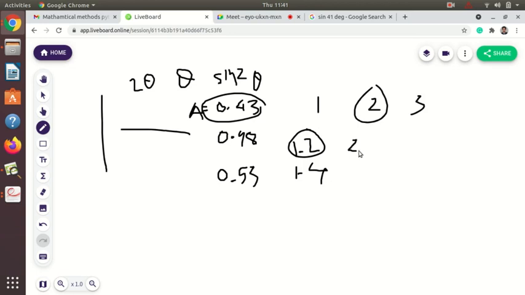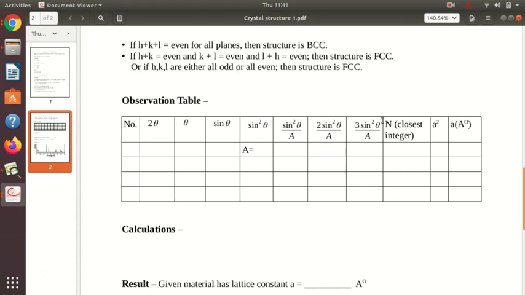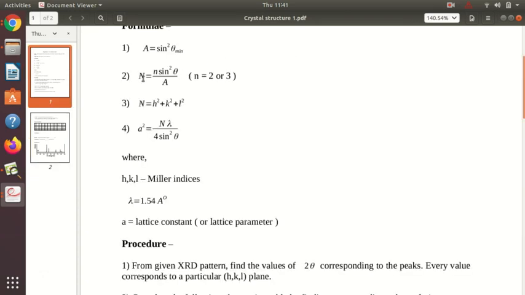So here it will be 2.4, then 2.8 and so on. Here you will multiply all the values by 3, so 1.2 into 3, 1.4 into 3 and so on. Now I have to choose n. n is sin square theta by A.